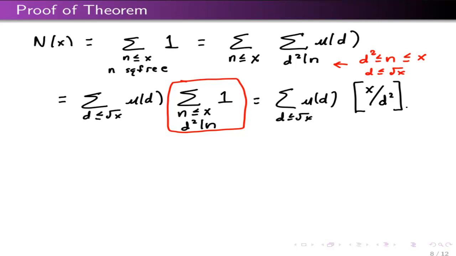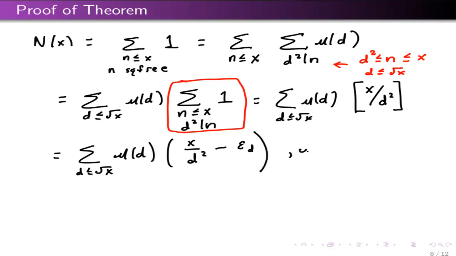And the floor of x over d squared equals what? Well, it's almost equal to x over d squared, but it's a little bit less, so we have to subtract off the fractional part, so you subtract off a little epsilon that'll depend on d, where this epsilon is some number strictly less than 1.